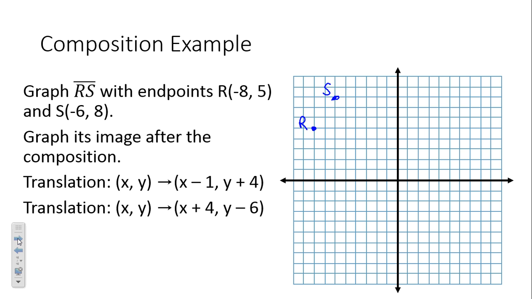So if I'm going to take those 2 points and do a double composition here, I'm doing a double translation. Okay, it's going 1 to the left and then it's going to go 4 to the right. So take S and go 1 to the left, then move it 4 to the right.